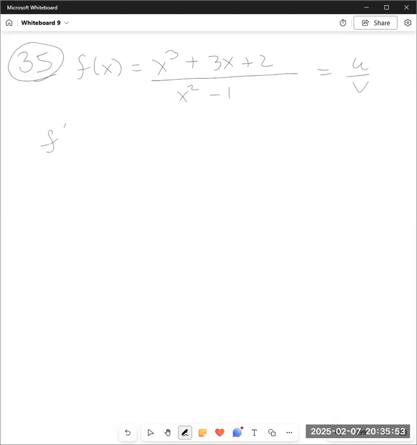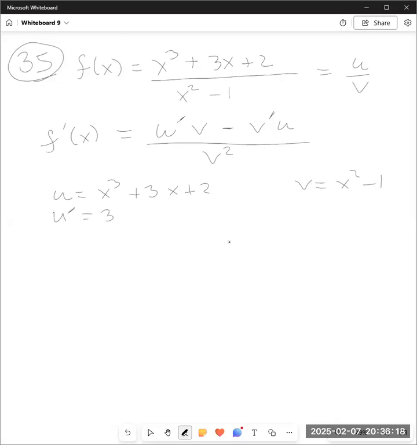So f prime of x is going to be u prime v minus v prime u all over v squared, where u is equal to x cubed plus 3x plus 2, and v is equal to x squared minus 1, which makes u prime equal to 3x squared plus 3, and v prime equal to 2x.